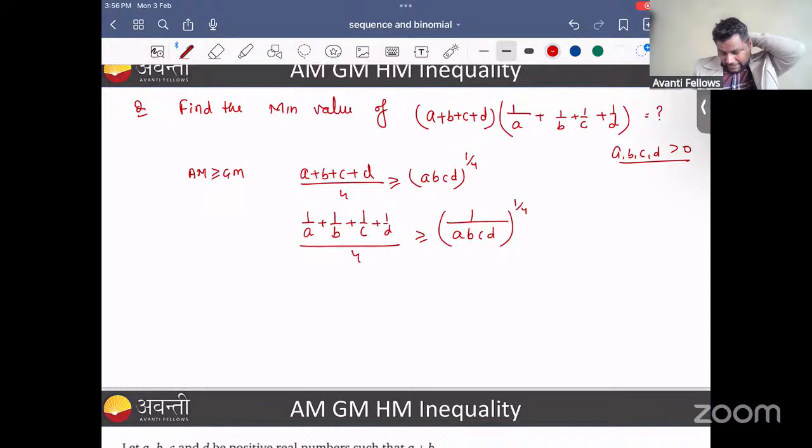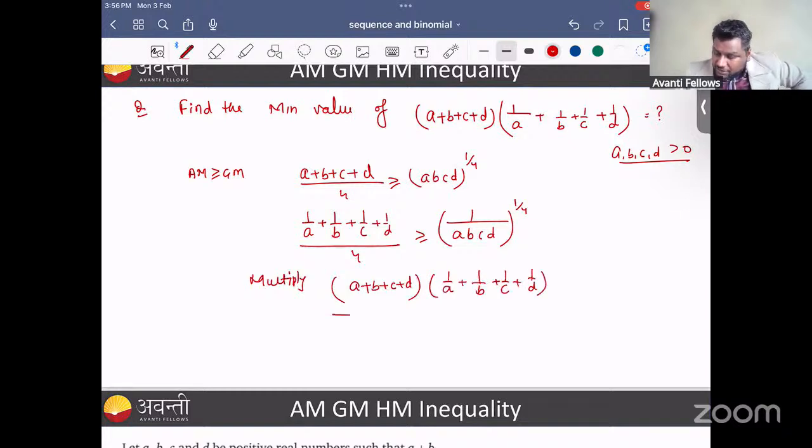Got it? And now if I multiply both of them, you get A plus B plus C plus D into 1 by A plus 1 by B plus 1 by C plus 1 by D whole divided by 16 more than or equals to 1. So the minimum value of your expression is going to be 16.